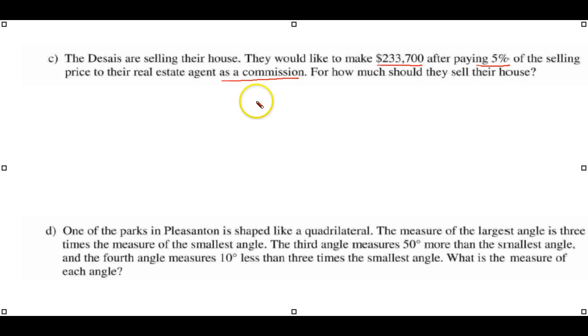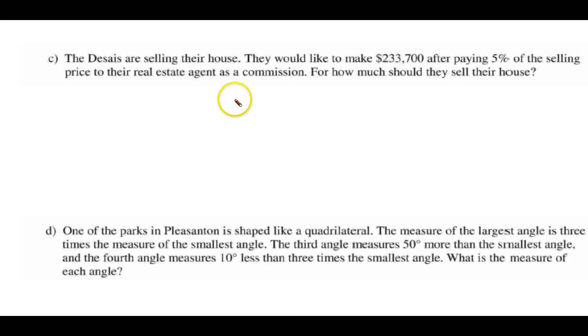Well, again, thinking about it, if you sold the house for $100 and you were going to give a 5% commission, then you take 5% of that, which is 5. So this would be 95% of the house. But they have to sell it for 100% so they can then pay 5%. So a little background.